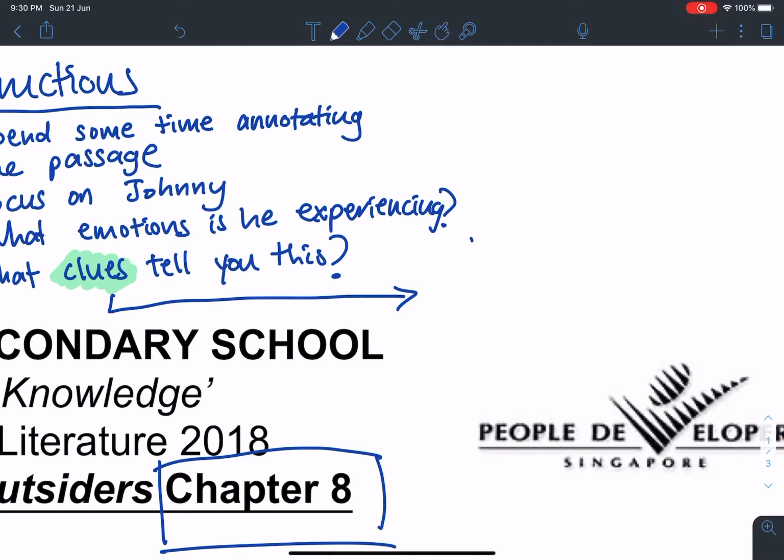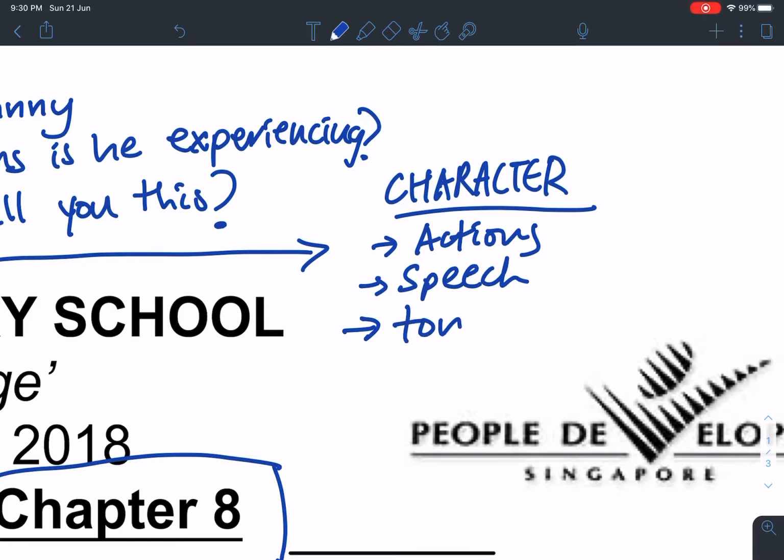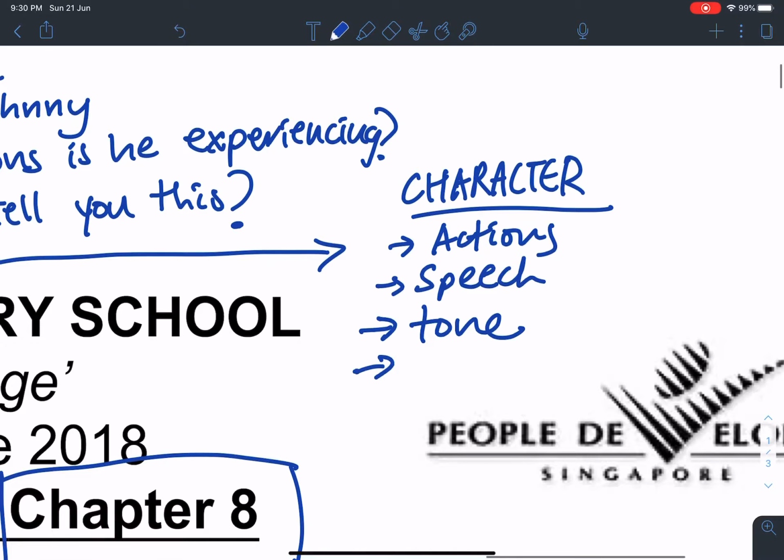As we remember, when we are talking about character and we want to know what they are like, we always look at a few things. We look at actions, we look at speech, we look at tone, and so on and so forth. We look at thoughts, okay? And the way that Johnny is expressing himself.